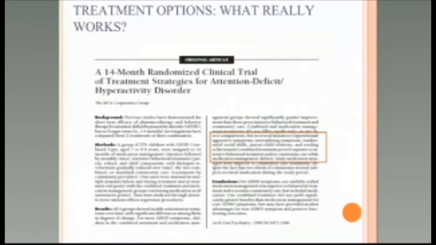What really works? The MTA, or Multimodal Treatment Study, has demonstrated for us a number of important facts. This was a randomized clinical trial of youth with ADHD. There were 4 conditions, and it's important to note that there was an active medication management condition with stimulant medication that was very carefully titrated up in order to ensure optimal dosage.